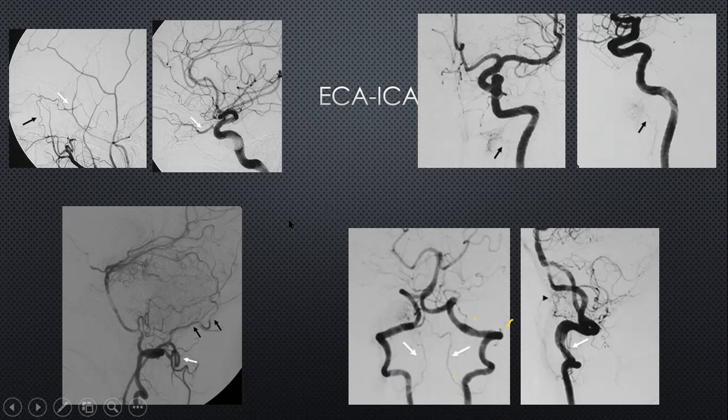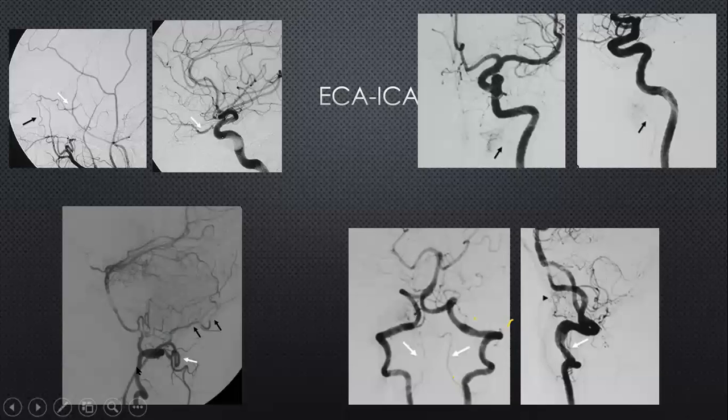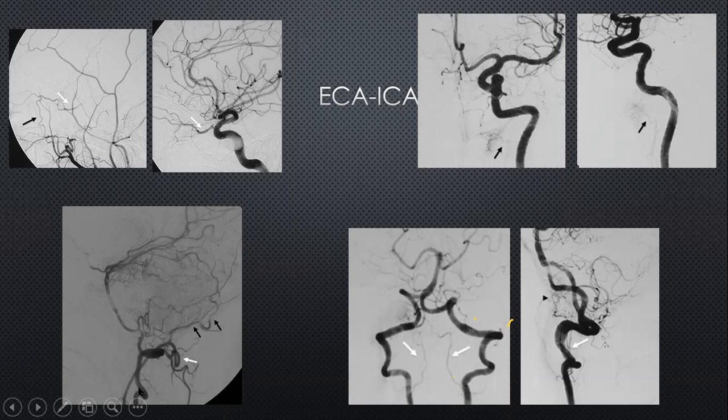These are some other potential anastomotic sites. This is the median branch of the carotid artery with the ascending pharyngeal branch of the external carotid. And this is another similar anastomosis between ECA and ICA. This is the left vertebral artery, which you'll have recognized with the opacification of the occipital lobe.